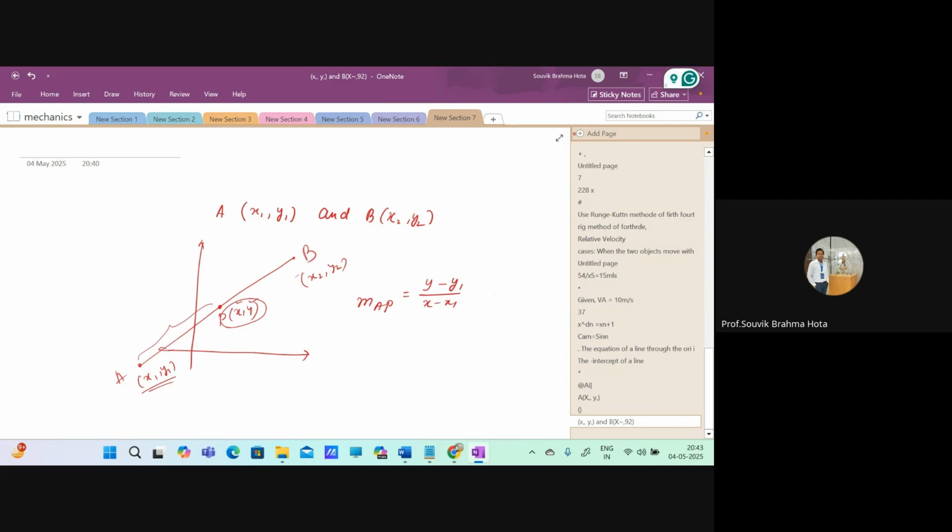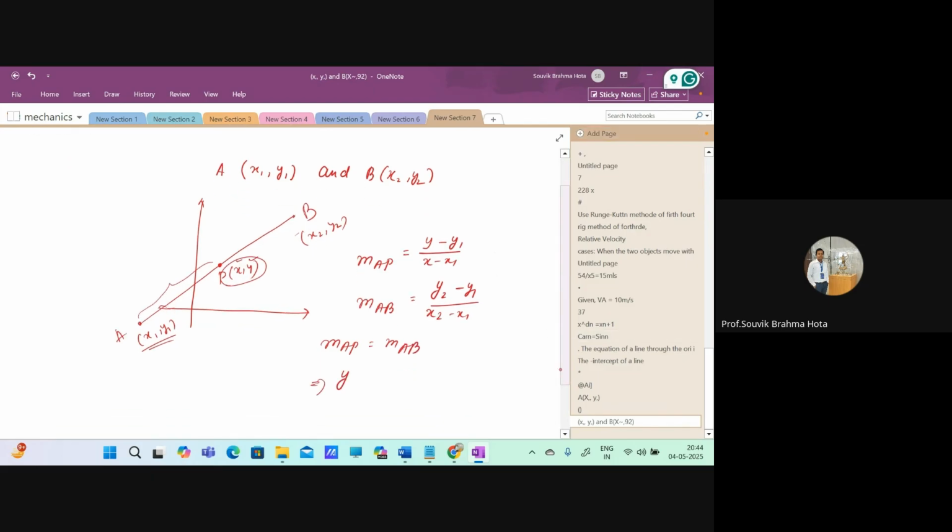Also you need to find the total gradient, m of AB, which is (y2 minus y1) divided by (x2 minus x1). As you know, A, P and B all lie on the same line, so both are equal: m of AP equals m of AB. Therefore (y minus y1) by (x minus x1) is equal to (y2 minus y1) by (x2 minus x1).